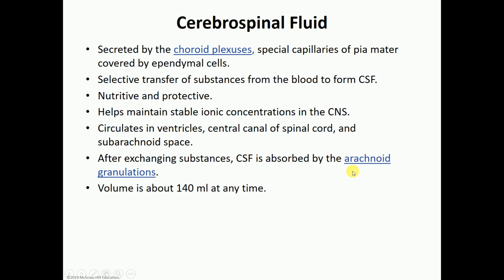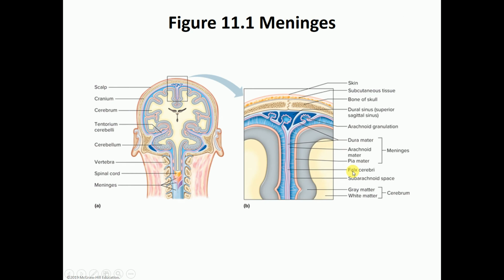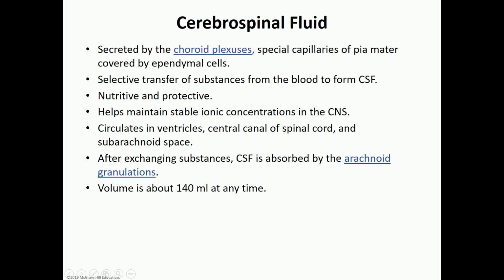Remember we talked about these arachnoid granulations that are in the dural sinuses. These are going to absorb what is now old CSF, okay? Taking with it the waste products.